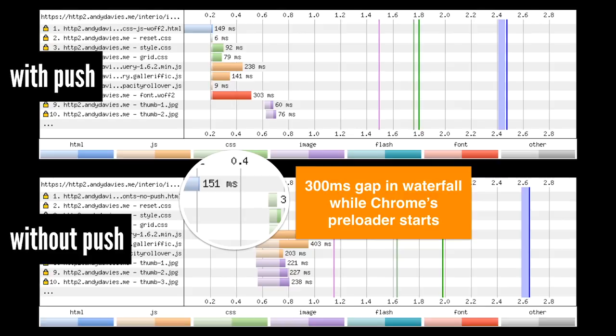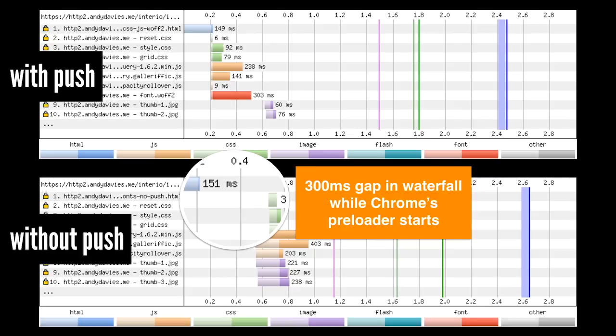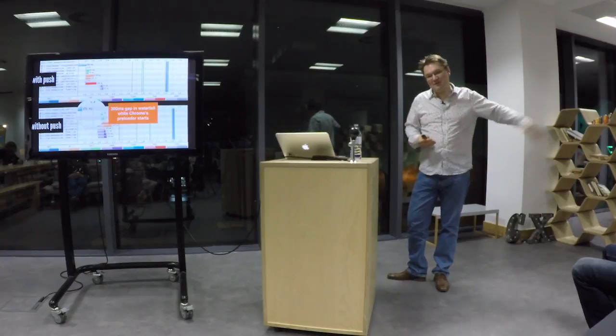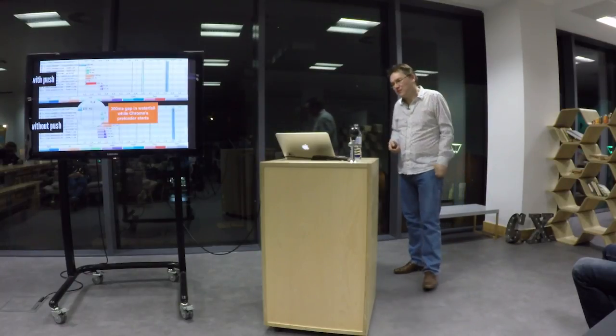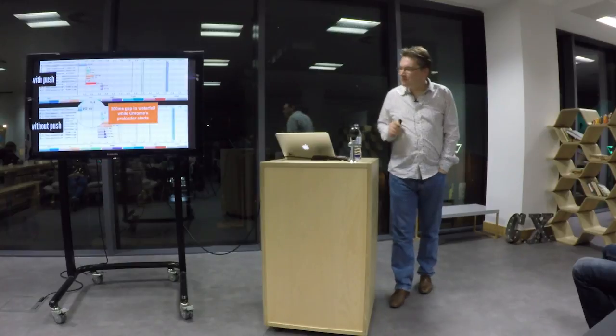It's about 1/3 of a second after finishing parsing the HTML before the browser starts to preload it to look for the other resources that it wants to download. And what I was doing with push is overcoming that bug and having the resources already waiting for the browser when it needed them. This will get fixed.